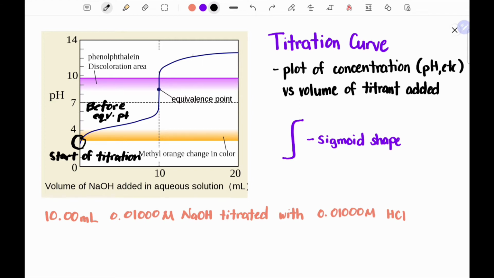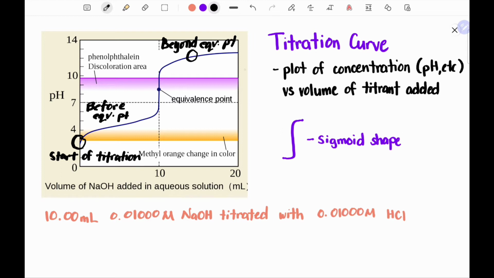The fourth region is beyond the equivalence point. At this region, there essentially is no more acid remaining, so all of the pH is caused by the base that is in excess. This S-shaped curve is called a sigmoidal curve.